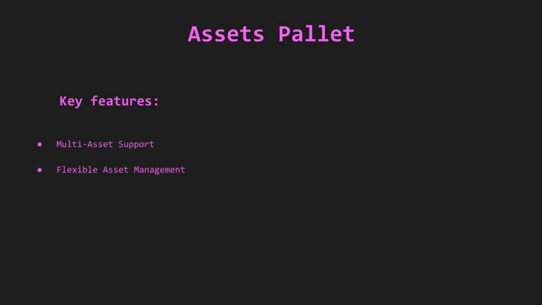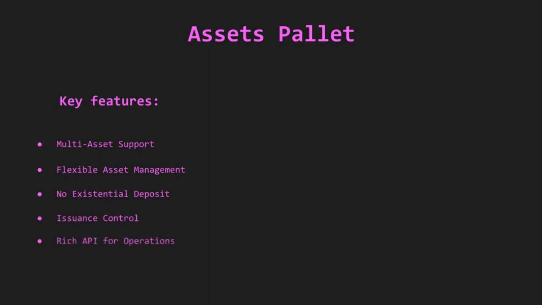Supports operations like minting, burning, transferring, freezing, and inspecting balances of custom assets. Assets can have zero or fractional balances without needing a minimum balance, unlike Pallet Balances. Allows users or developers to create new assets and control their supply, transferability, and other attributes.